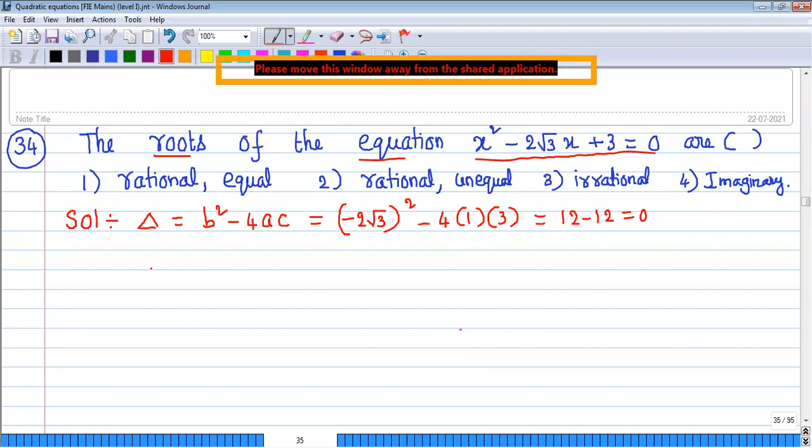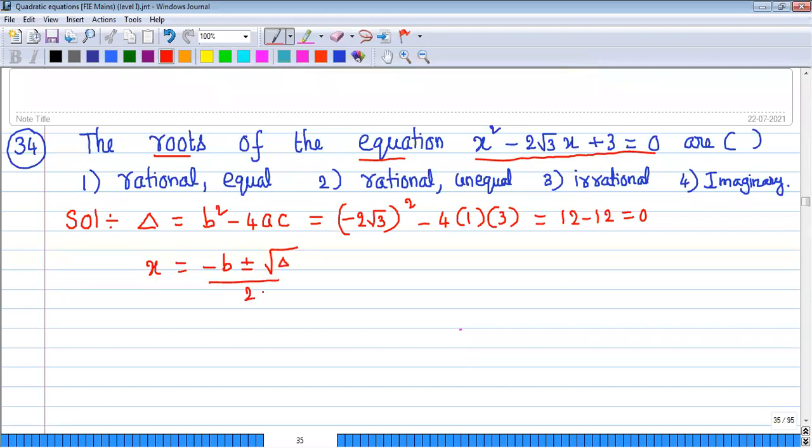So now let us find out roots. x is equal to minus b plus or minus root delta upon 2a. So that will be 2 root 3 plus or minus 0 upon 2a, that is 2.